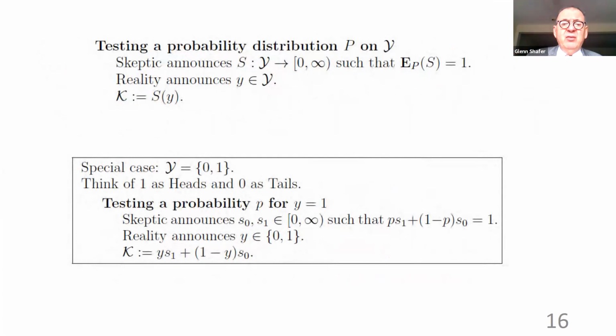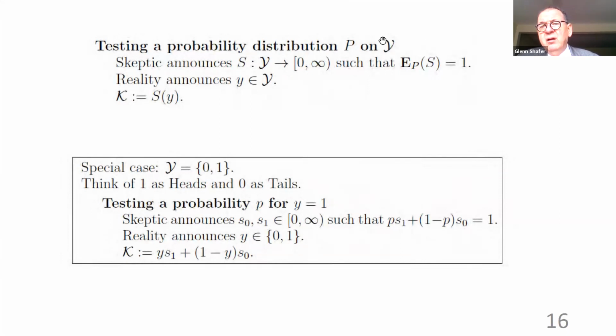So this is completely general, but of course a special case is heads and tails, or red and black, which is what people bet on in casinos in the 19th century. In that case, there is some probability P for heads. Let's say heads is 1 and tails is 0. How would we make this special case, this specialization of this general protocol? Well, Y only has 2 elements in it.